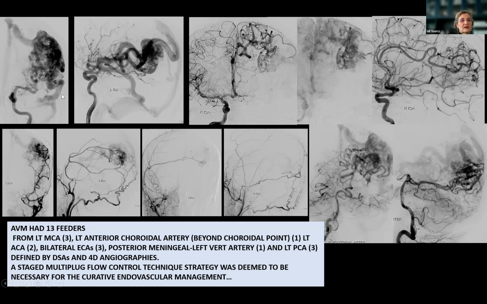So it has recruitment from MCA, ACA, PCA, posterior meningeal, and from both middle meningeals.